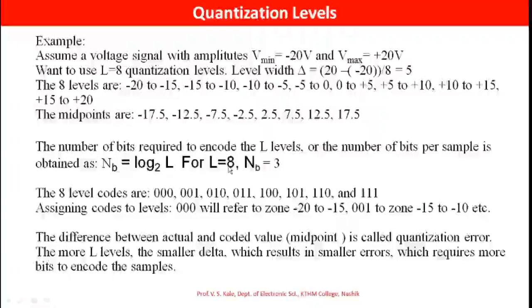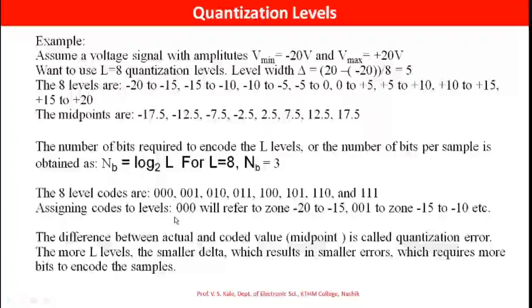So 8 quantized levels are represented by 3 binary bits. The 8 level codes are 000, 001, 010, 011, 100, 101, 110, and last 111. So these are the 8 binary codes to represent 8 levels.